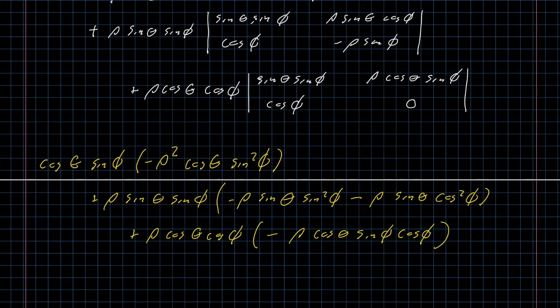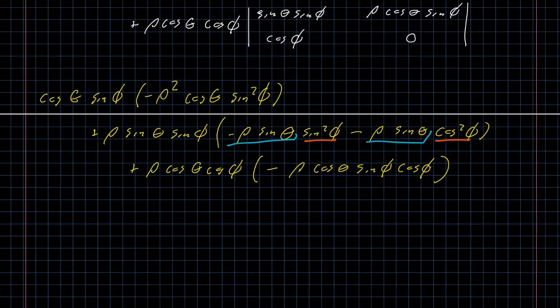All right. And from here, we want to start trying to simplify and clean things up. And as we've seen in previous applications, we're going to pretty quickly find some really nice things with Pythagorean identities. Right here, I've got the same thing being multiplied by sine squared phi and cosine squared phi. So something times sine squared phi plus the same thing times cosine squared phi is just that thing.